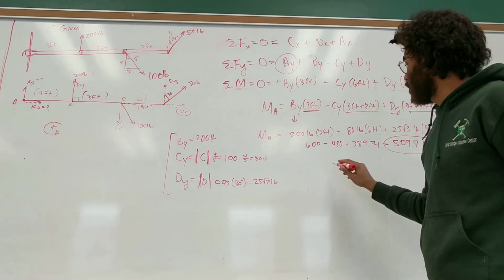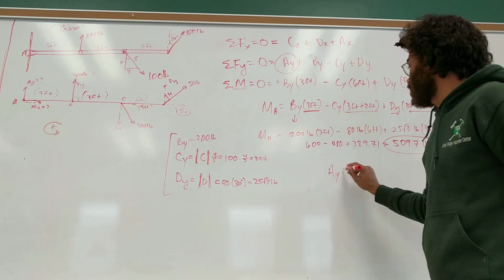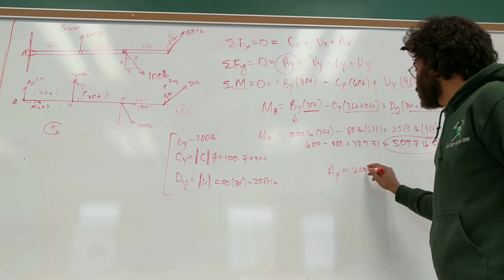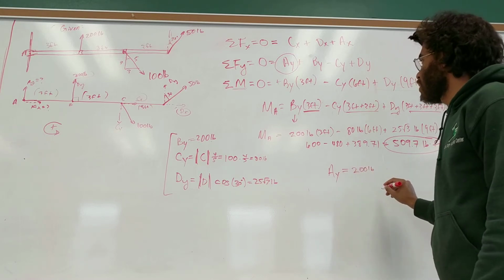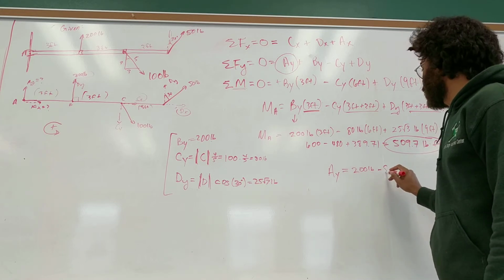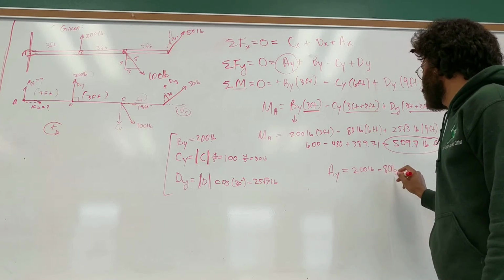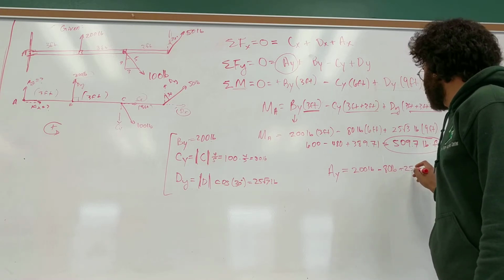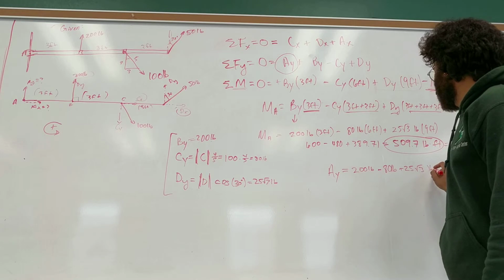We'll get AY is equal to BY, so it'll be 200 lb, and then we'll get minus 80 lb plus 25 root 3 lb.